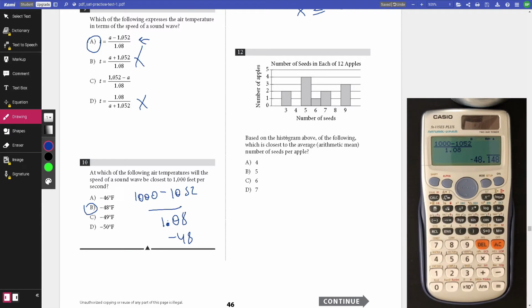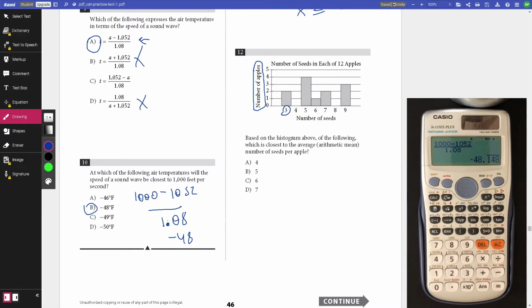Based on the histogram above, which of the following is closest to the mean of the number of seeds per apple? First of all, we need the total number of seeds, and we can do that by taking the number of seeds and multiplying by this, which is basically a frequency, and that will give us the total number.